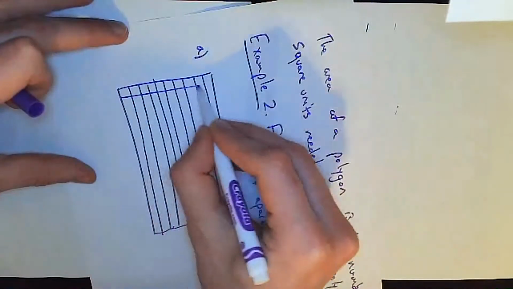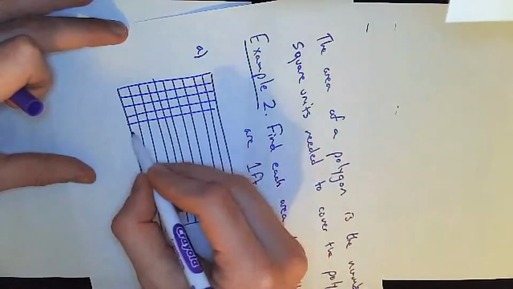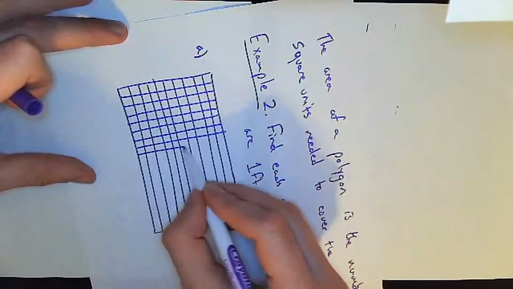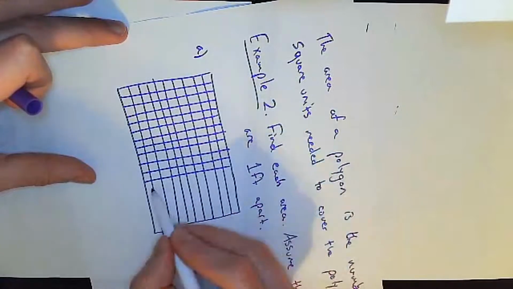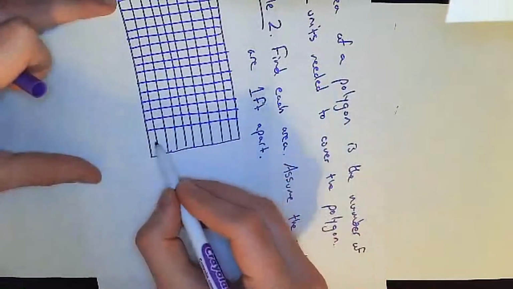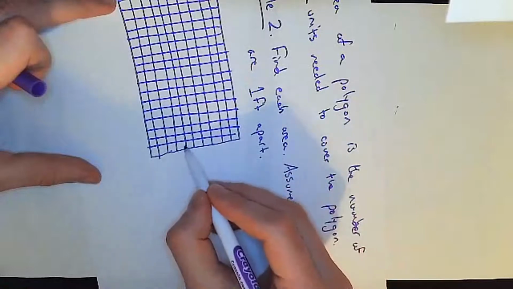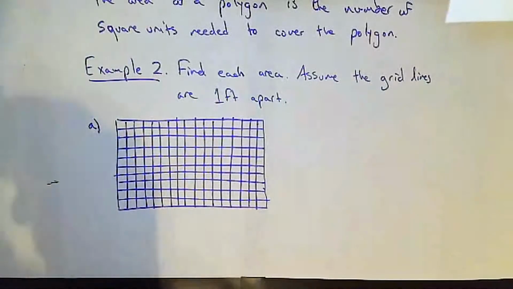Okay, you could probably skip through me drawing all this. Almost done. Okay, so I've got this grid. This is example 3 in the text if you'd like to look at a prettier picture.